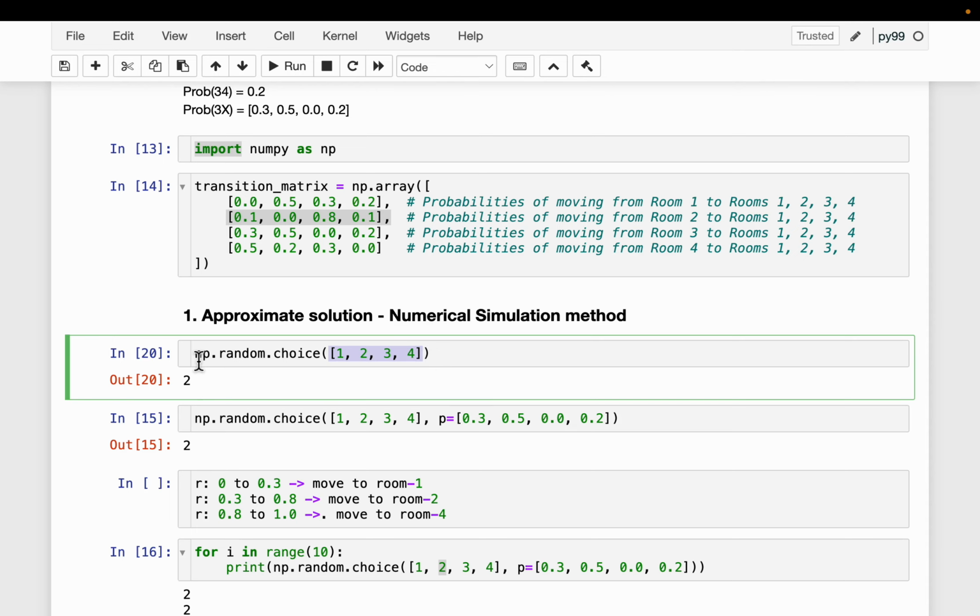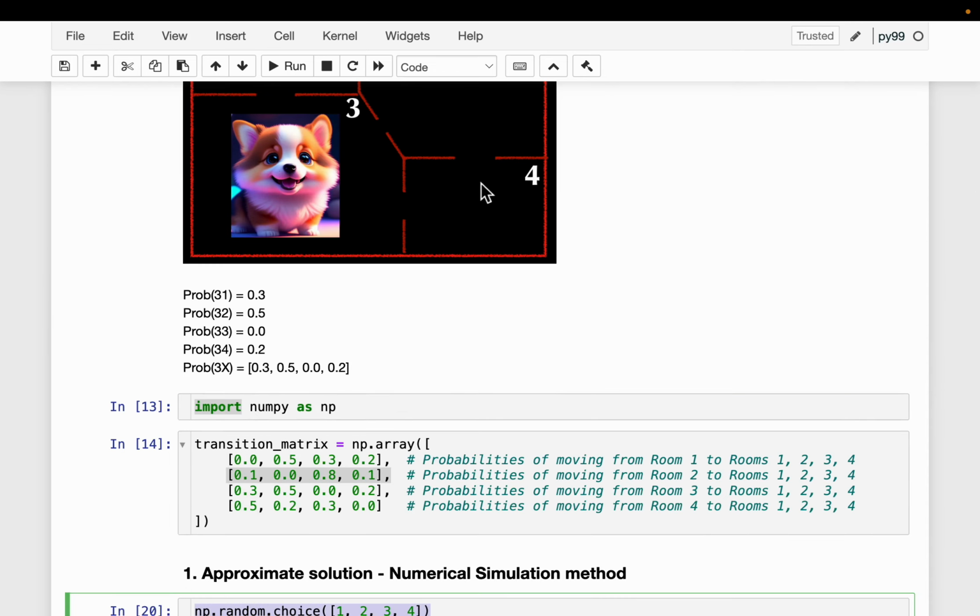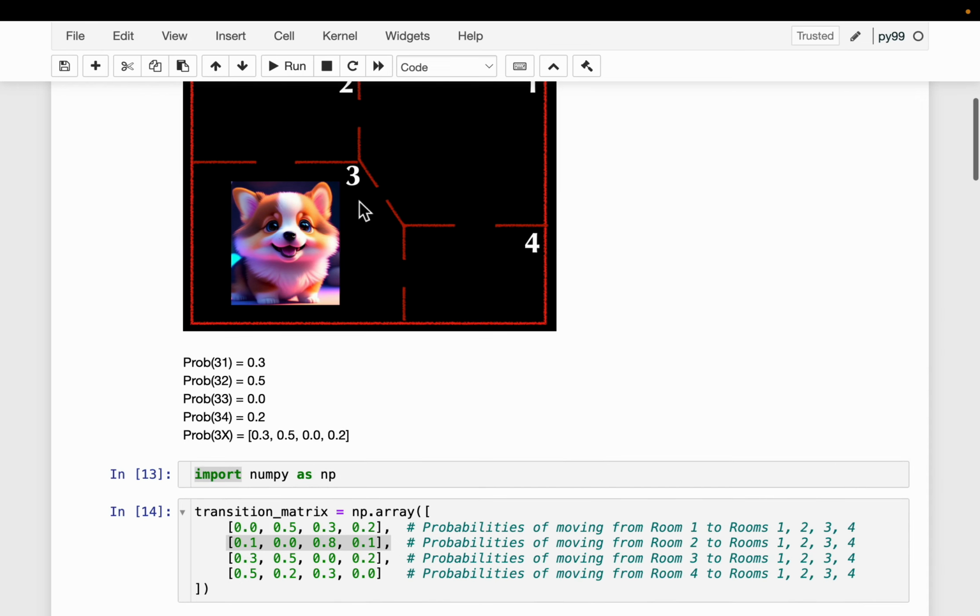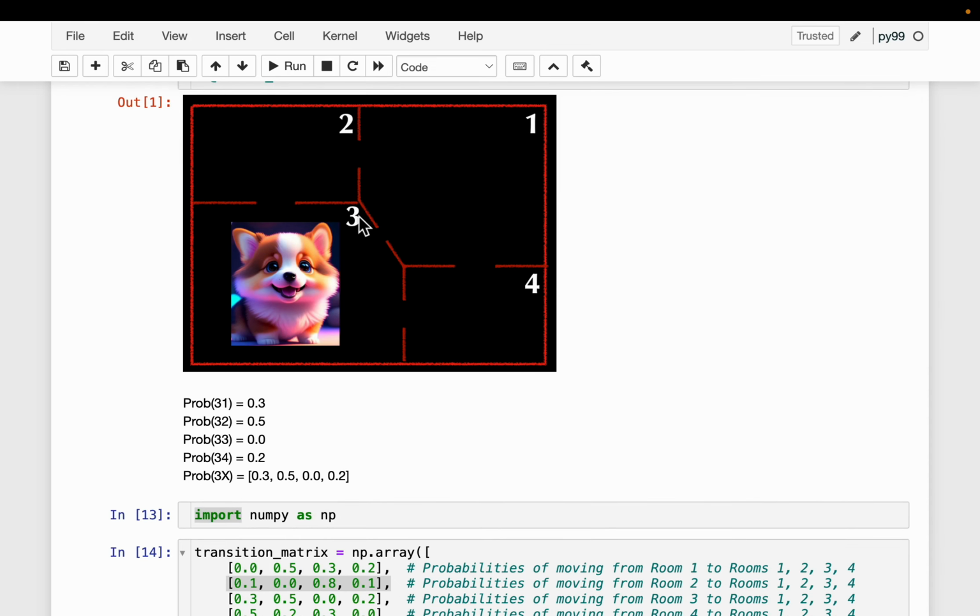Now we want to make use of this function to simulate this process, right? But we know from room 3, the probabilities are not equally distributed to all the remaining 3, including the room itself.